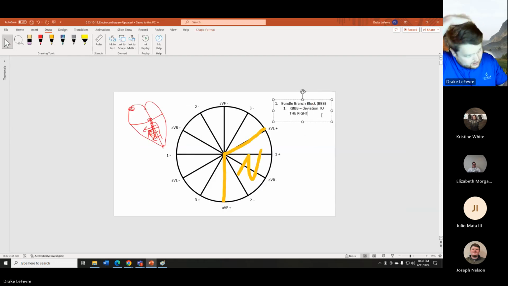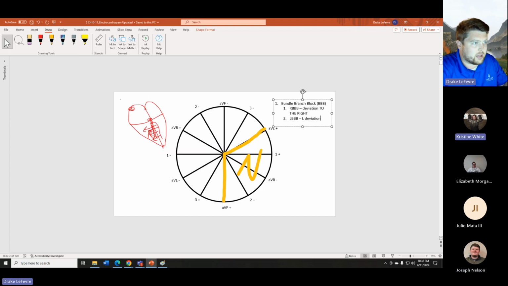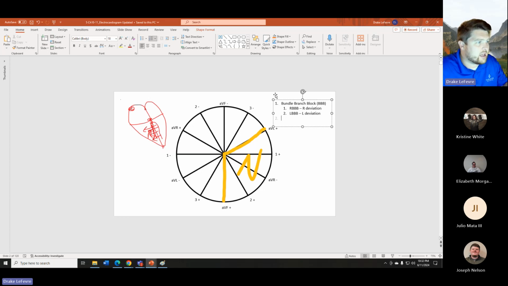So right bundle branch block deviates to the right. Right axis deviation. Left anterior fascicular block, left deviation. Two of them go to the same side, and then the other goes to the opposite side.